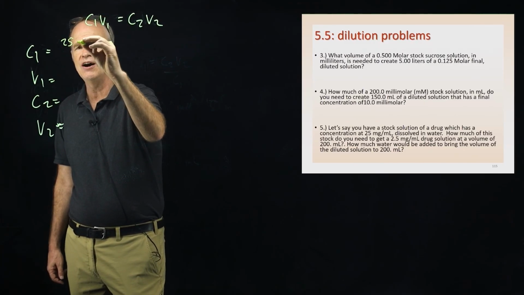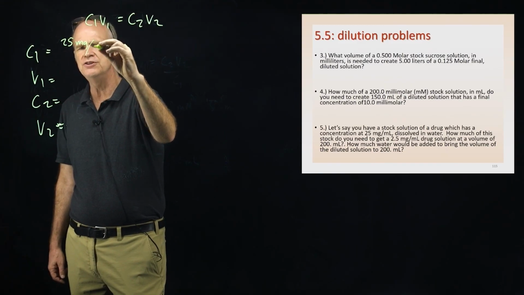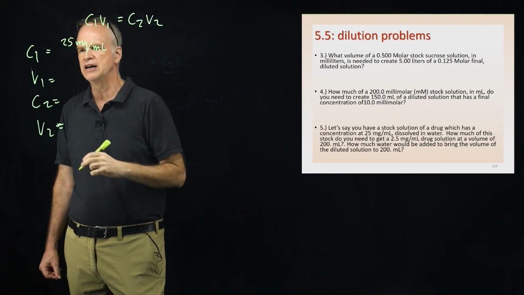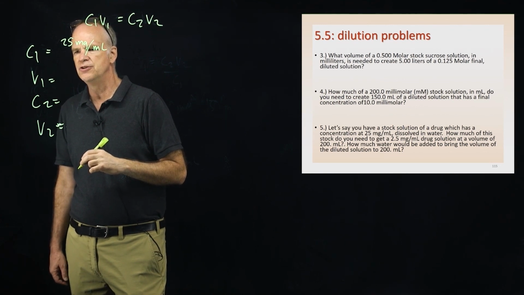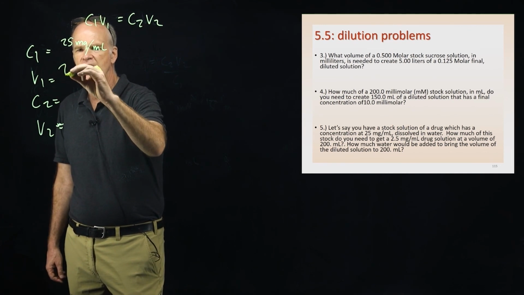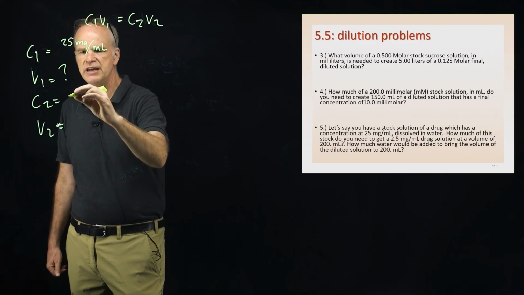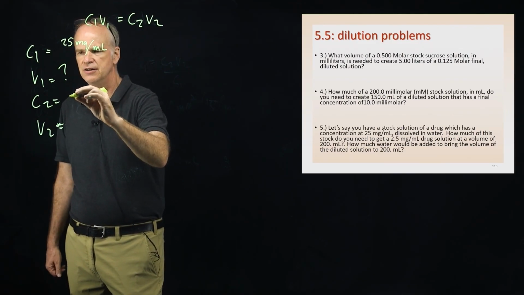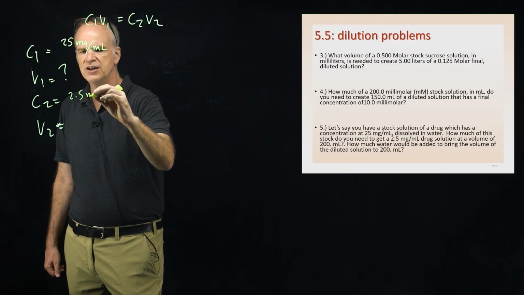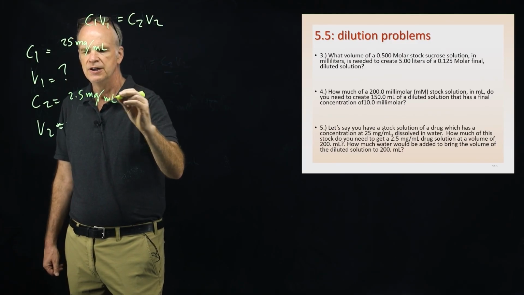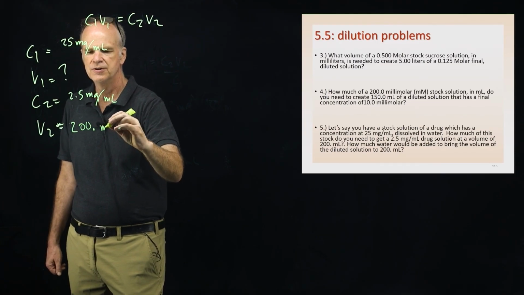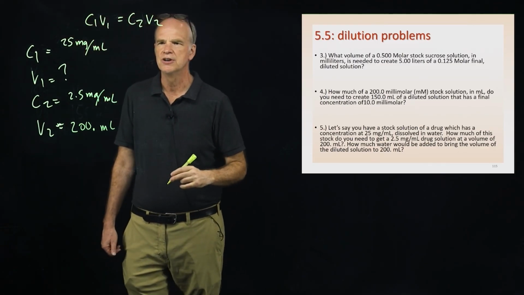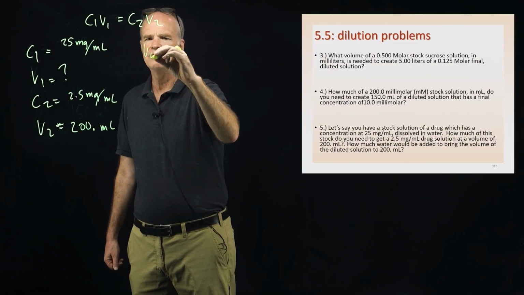We don't have a molarity, but we can use mg per ml, which is perfectly fine. And so what we're trying to do is find what volume of the stock we need to create a solution at 2.5 mg per ml and a volume of 200 milliliters. Okay, so we're going to solve for V1.